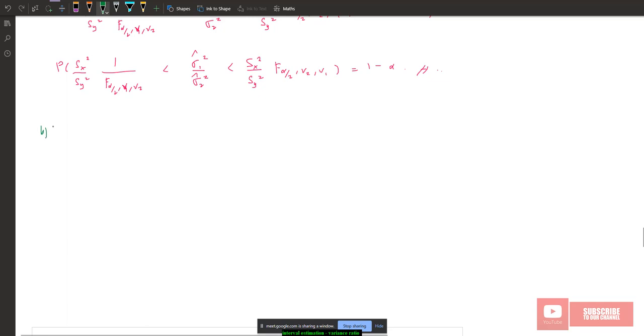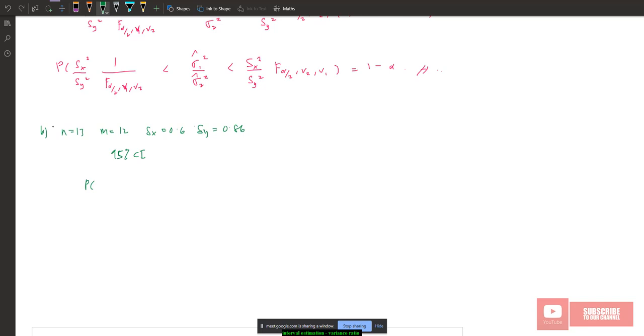This is B. We want to find the 95% confidence interval for the ratio of two population variances. So we just need to plug in the values into the formula.